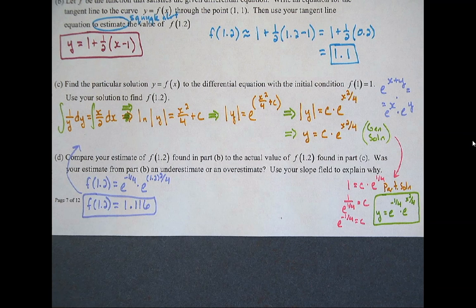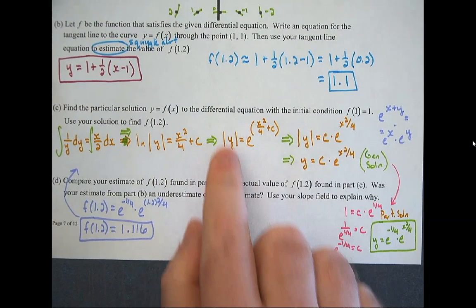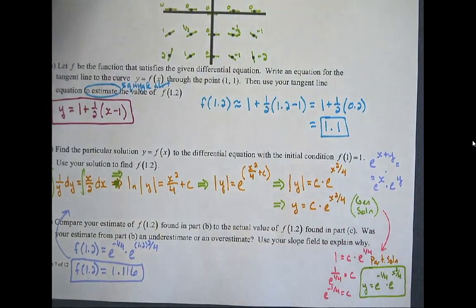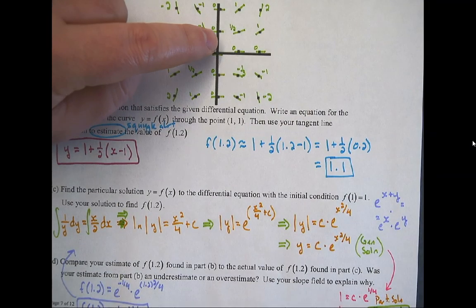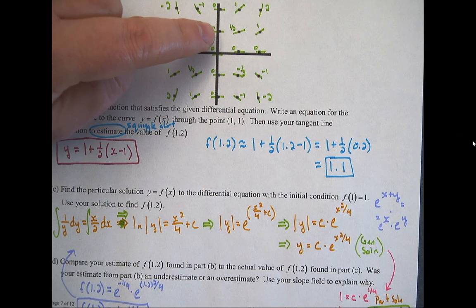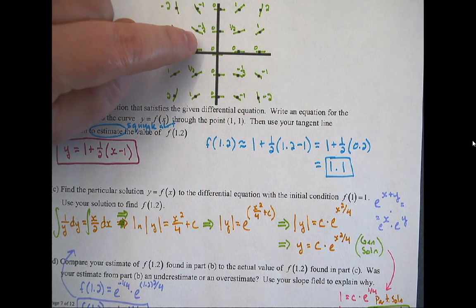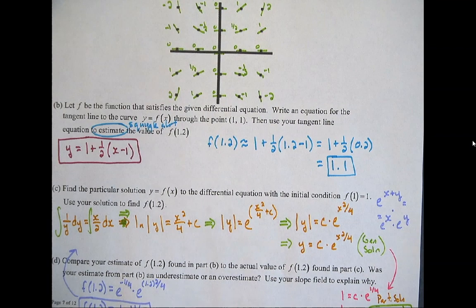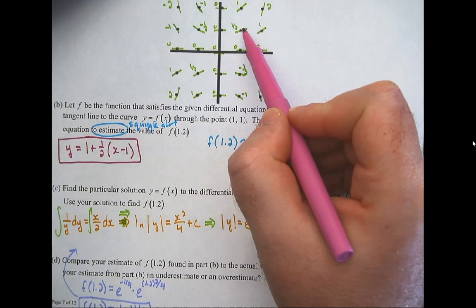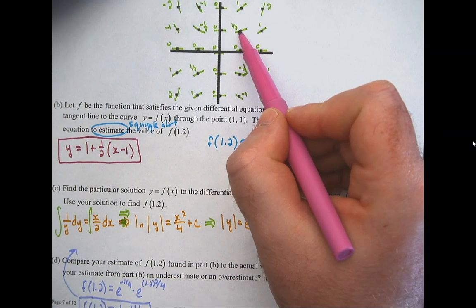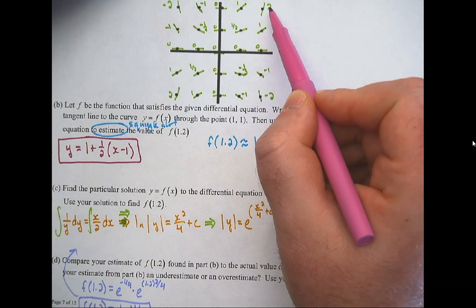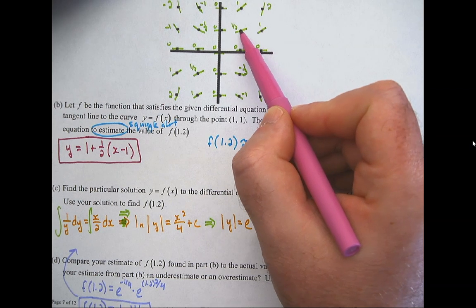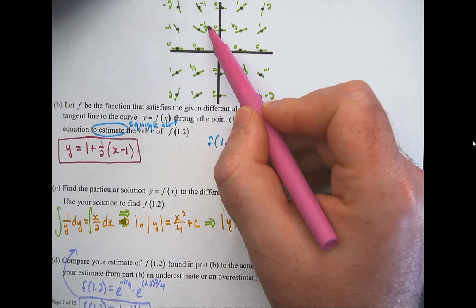It was an underestimate. That makes sense because if you go back to our function, let's see if we could do a sketch here. What was our initial condition? 1, 1. So at 1, 1, let's see how crappy I can draw this thing. This needs to be going out like this and then levels off.